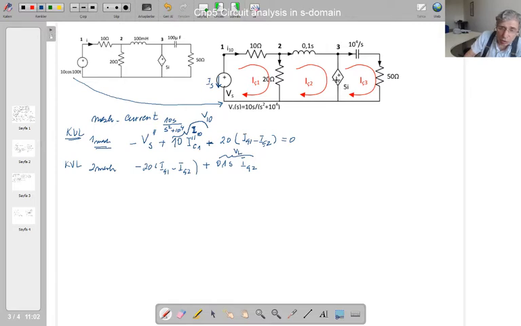Now let's come to the third element here, which is a dependent source. As I advised you already in the node voltage method, when you come to a dependent source, wait a minute. The first thing to do is write the definition relation of this element. How are you going to write the definition of this element?